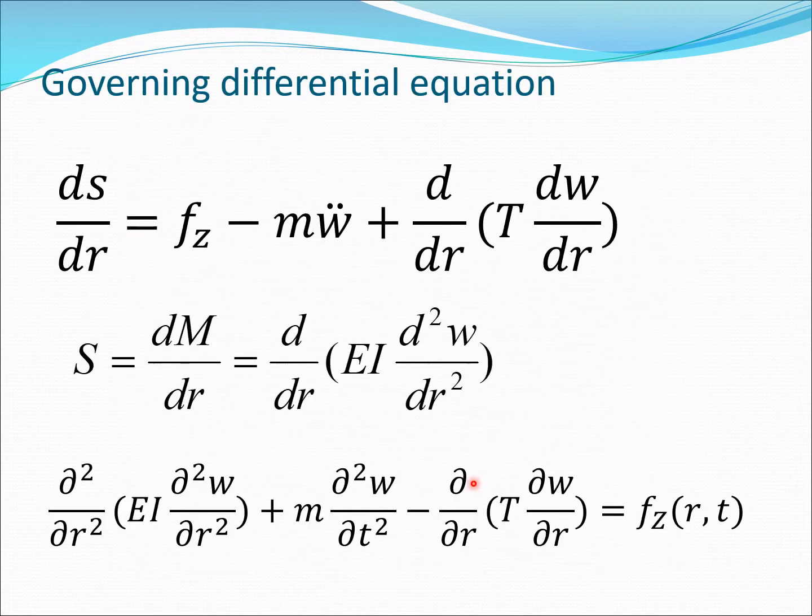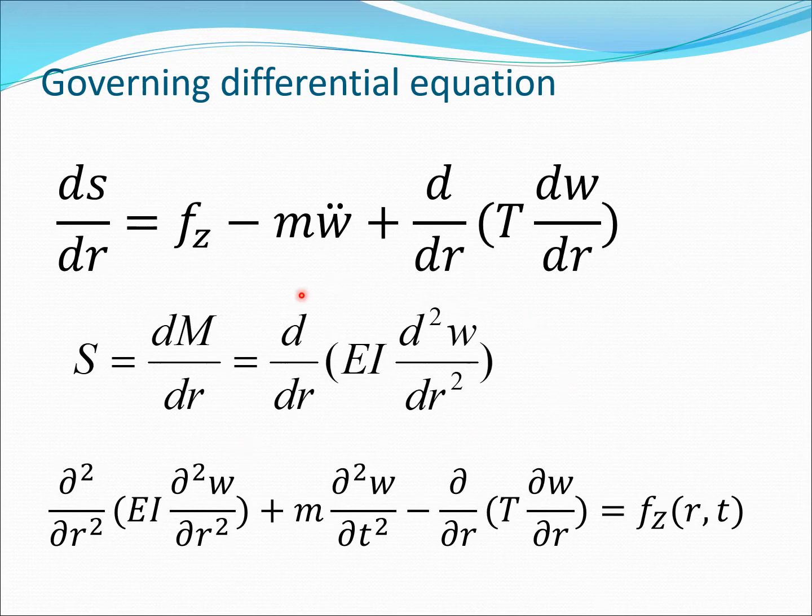With these basic concepts behind the model, we then derived the governing equation of motion. So we first got this equation here of the derivative of the shear with respect to R, and then we saw that from strength of materials the shear S can be written as the derivative of the moment.